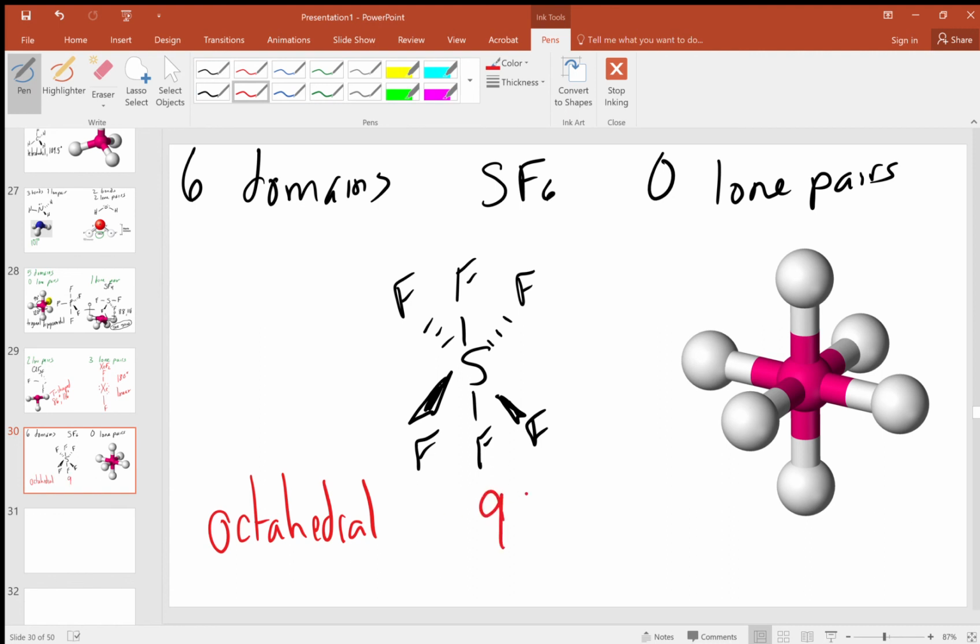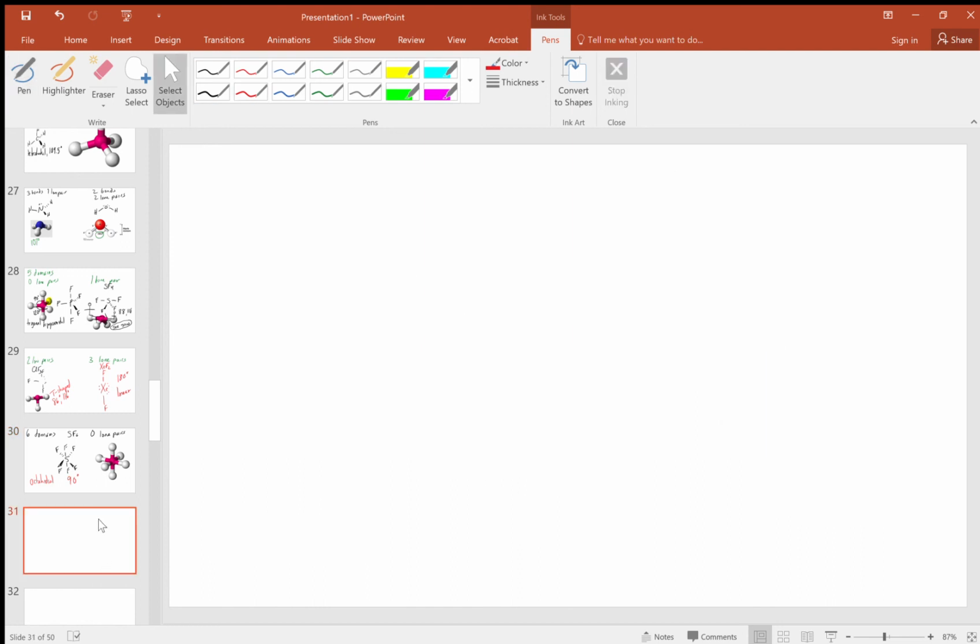Bond angles are all 90 degrees. Now, in the octahedral geometry, when we add a lone pair, all 6 positions are geometrically equivalent. So it doesn't matter where the lone pair goes.